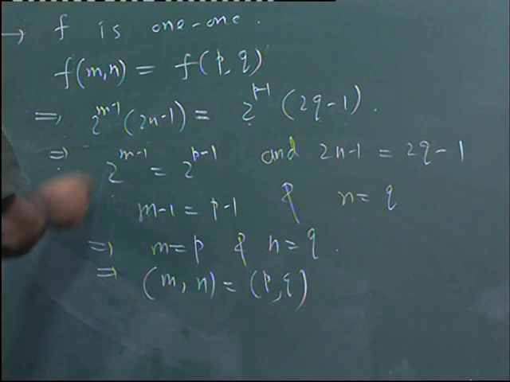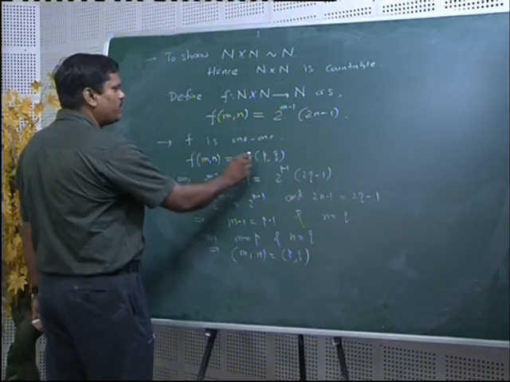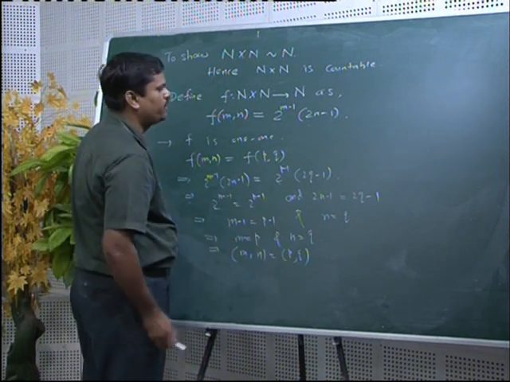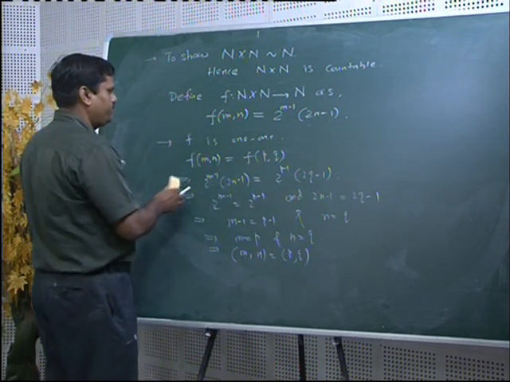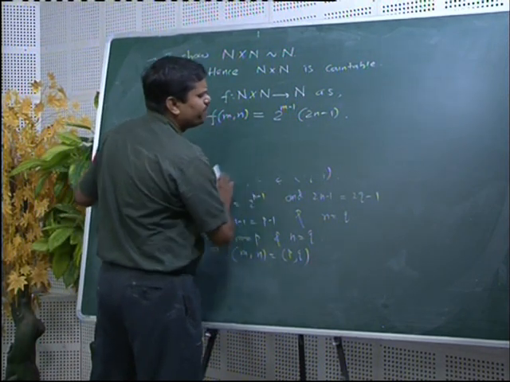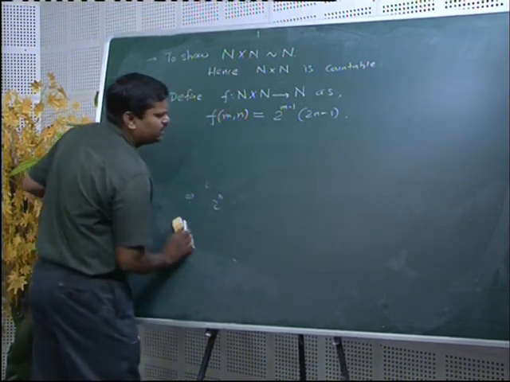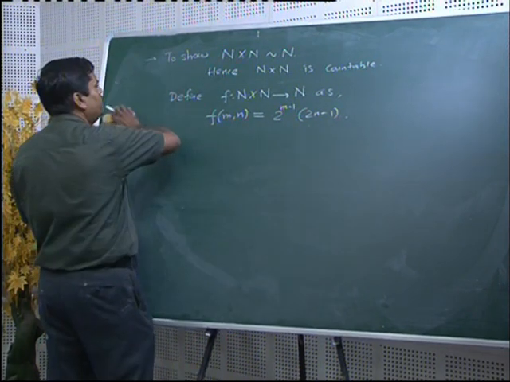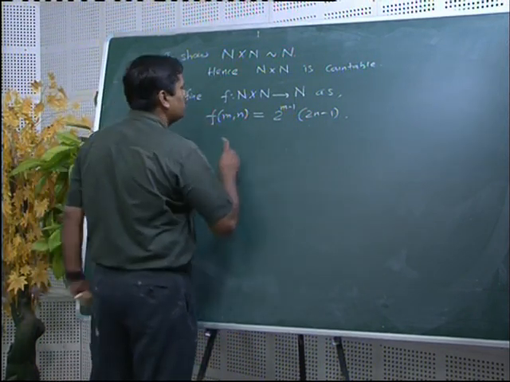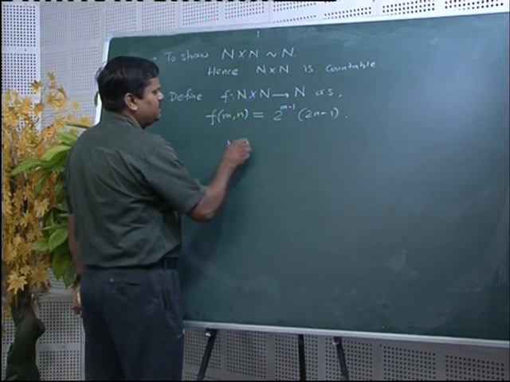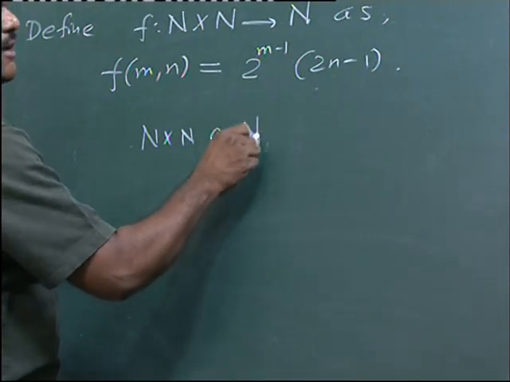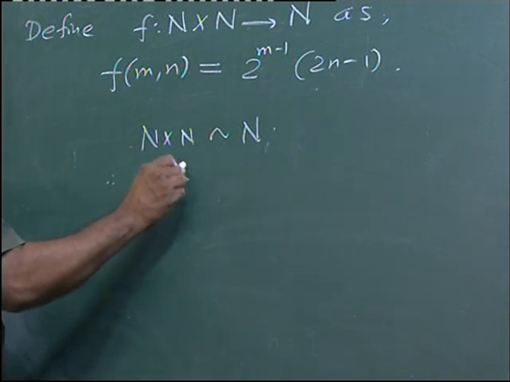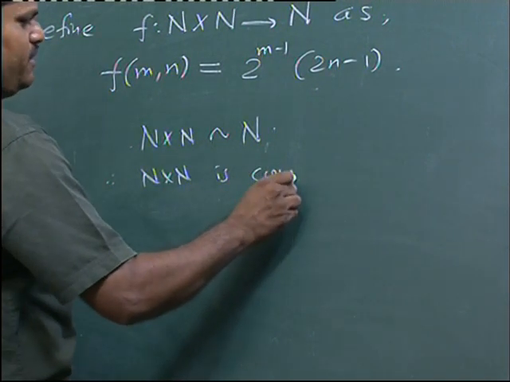From where I have started this, f of m comma n is equal to f of p comma q, and I have proved that m comma n is equal to p comma q. So, this function is 1 1. Similarly, it is easy for you, because of the time limit I cannot prove that this function is onto. So, you try at home that this function is also onto, and hence this n cross n is equivalent to n. Therefore, n cross n is countable.